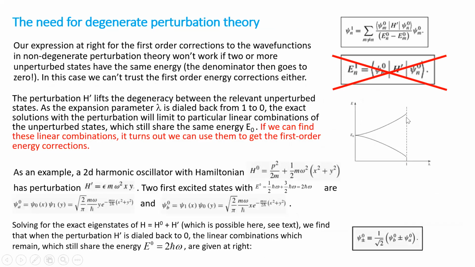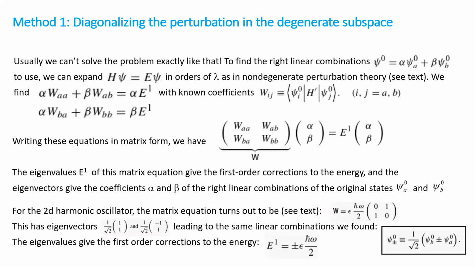Here, again, extrapolating back from the exact solutions, we got these same two states. So that checks out in this case, which is good. The eigenvalues, which are associated with these two eigenvectors, give the first order corrections to the energy, which are E1 equal plus or minus epsilon h bar omega over 2.